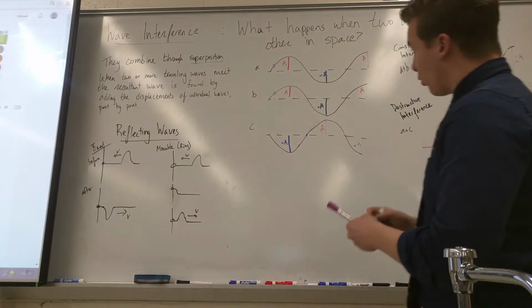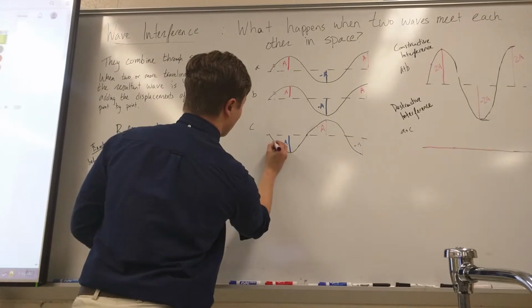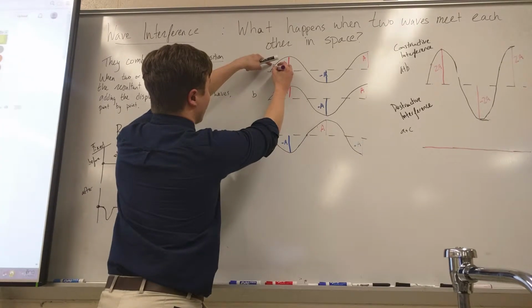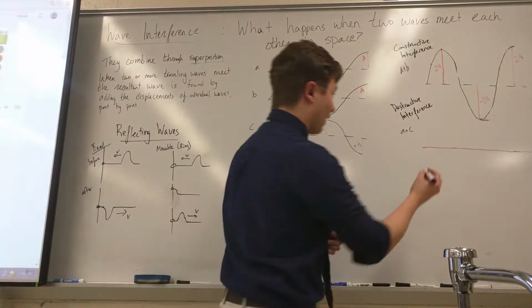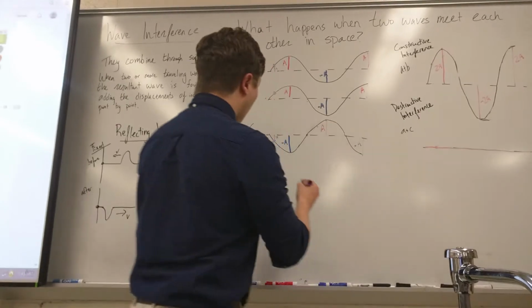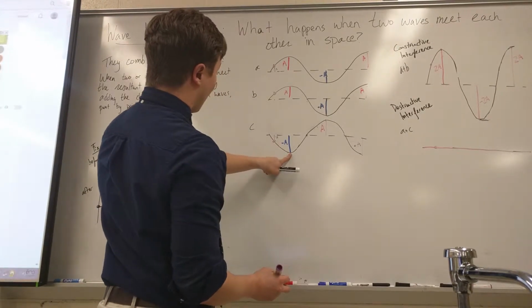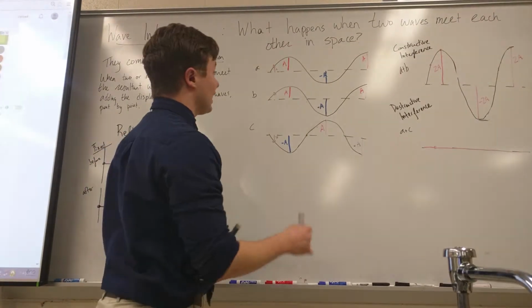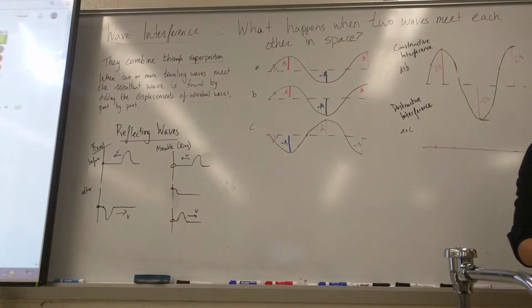So at every single point, I could add this point up with the same point in space there, and if this was some value, I'll call it x, and this was negative x, well, they cancel out at that point in space. And for any given point, say we're looking at this point here in space, this is negative A, that's A, they both cancel out, we have no wave here.